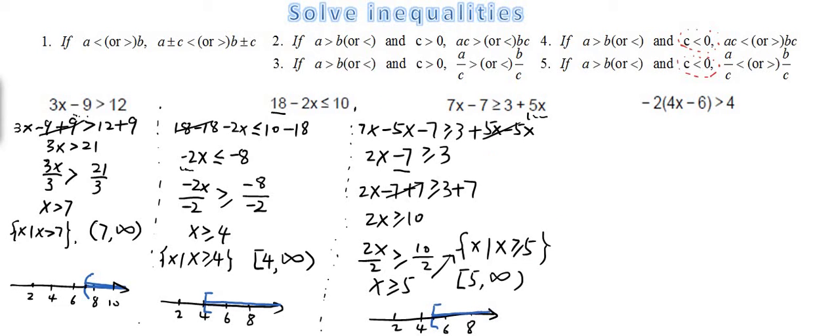Now let's take a look at the last example. For the last example, we can do the distribution firstly because we have multiplication. Now we have negative 2 times 4x plus negative 2 times negative 6.